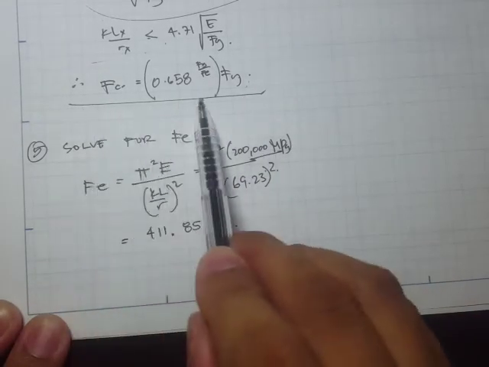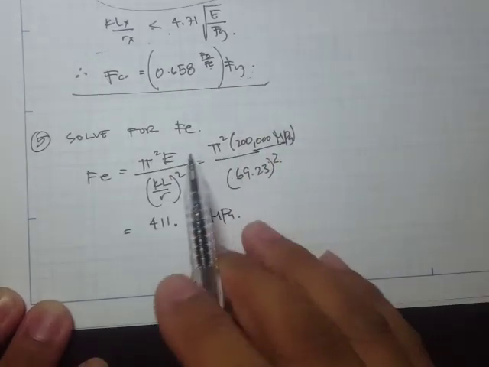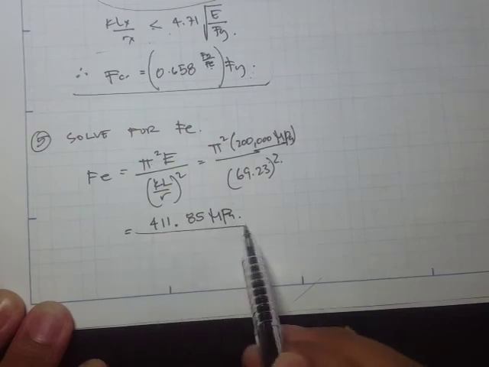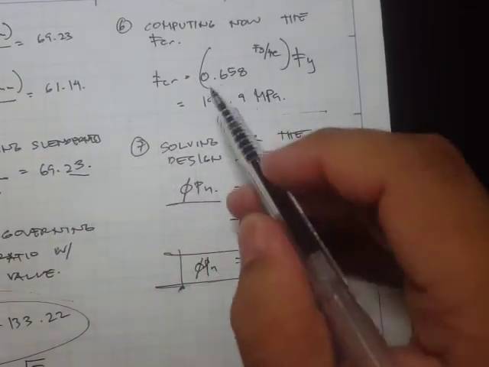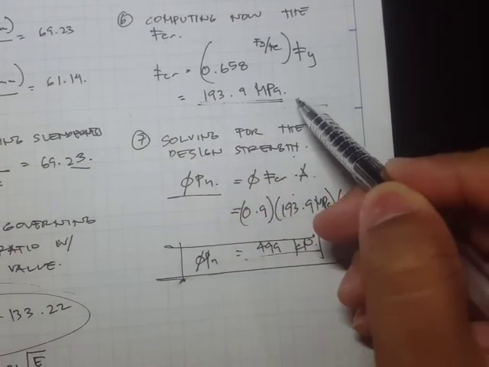But to solve this, we would need the value of Fe, which you can compute using this equation. And we get this value. After that, you can now solve for the stress. That's 193.9 megapascals.